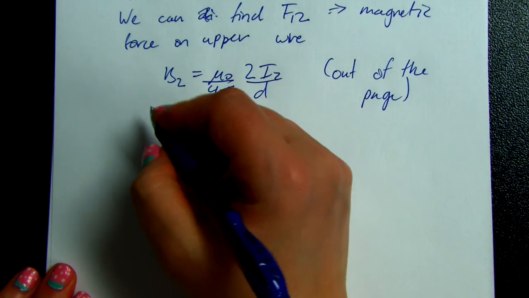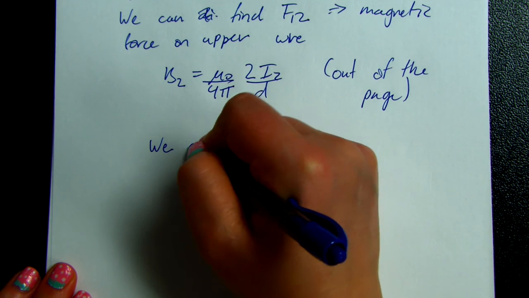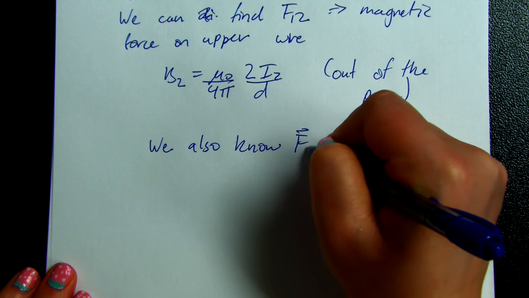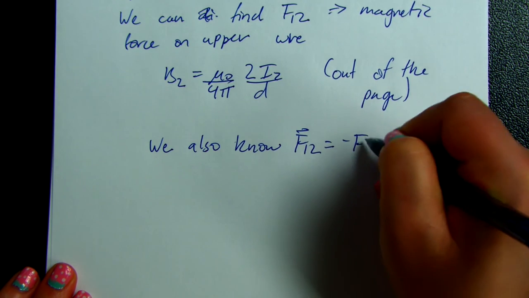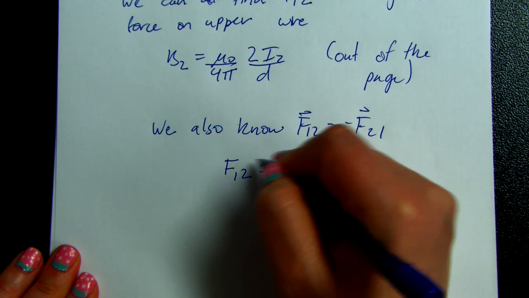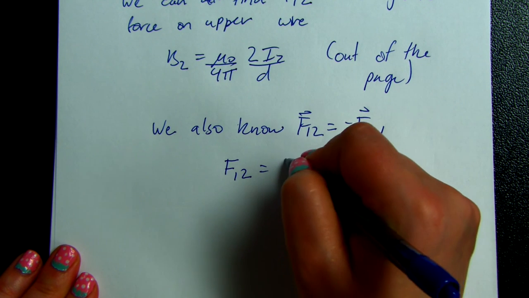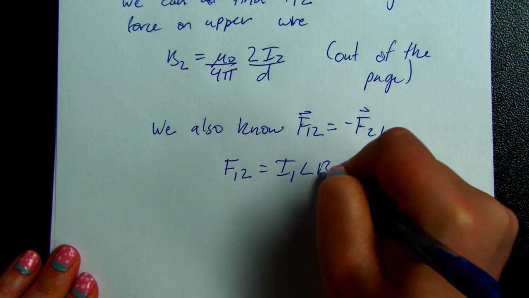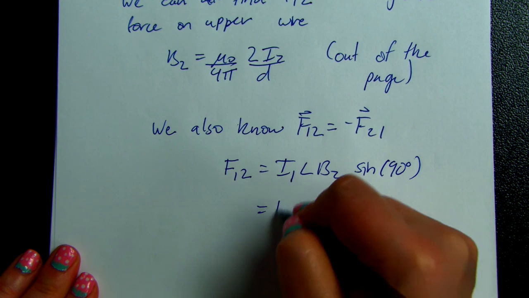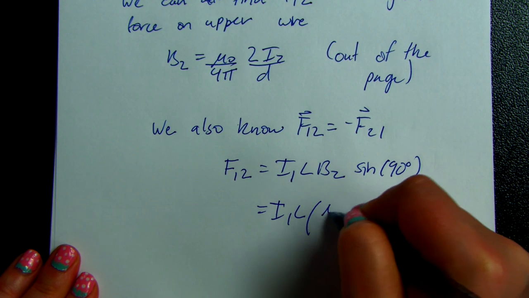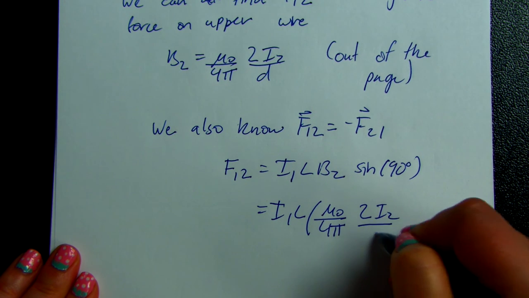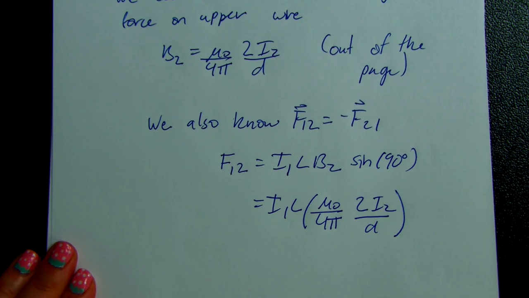And so we also know F12 is equal to minus F21, so F12 is equal to I1L B2 sine of 90, which is equal to I1L mu naught over 4 pi, 2 I2 over D.